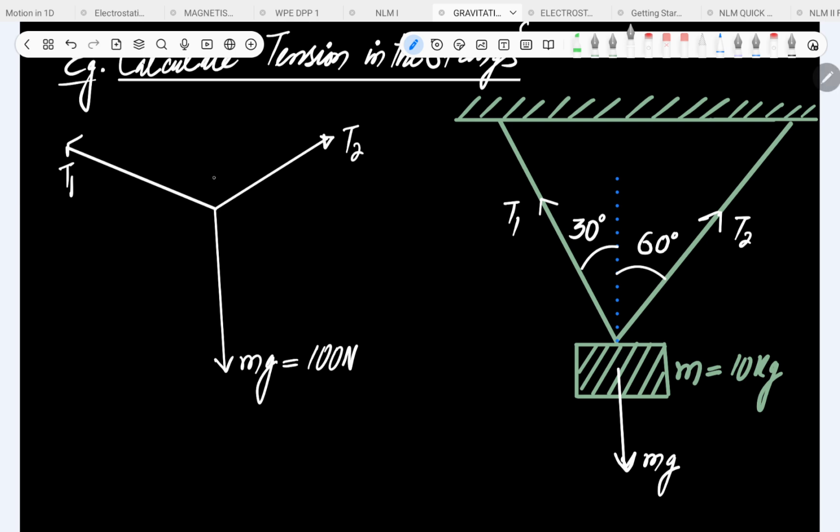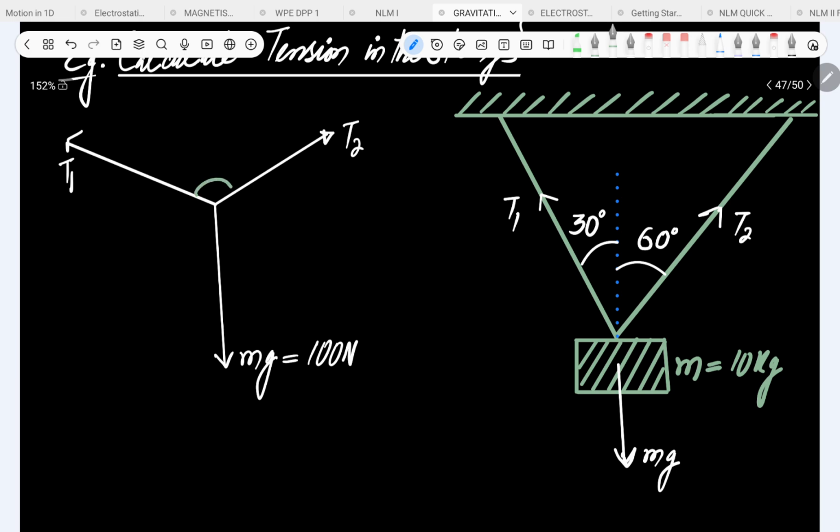Can you tell me the value of this angle? That's obviously 30 degree plus 60 degree, which is equal to 90 degree. Now if one angle is 30 degree, can you tell me what this angle will be? See, this is a linear pair of angles. This angle is 30, which means this angle has to be 180 minus 30, and that is 150.